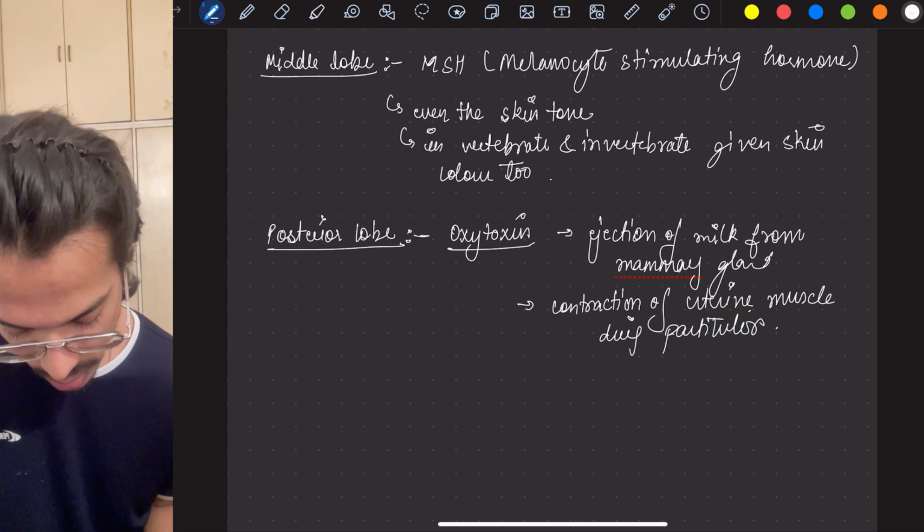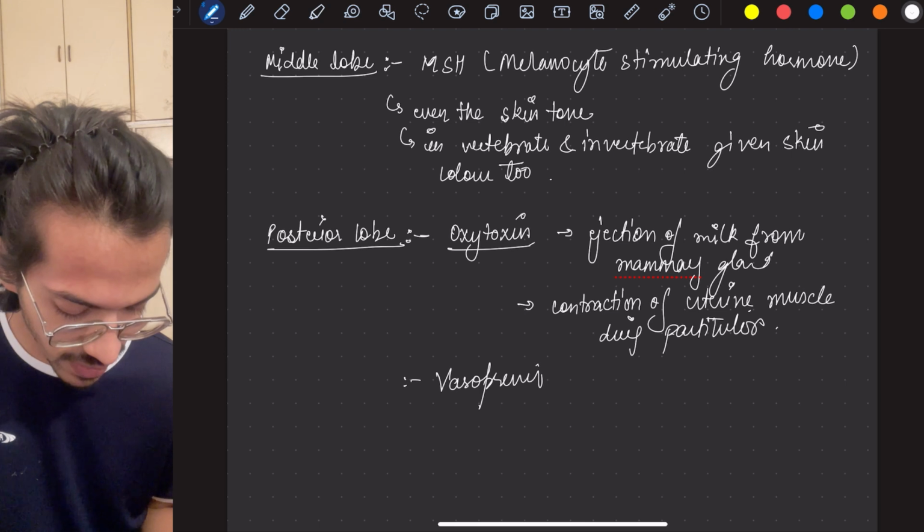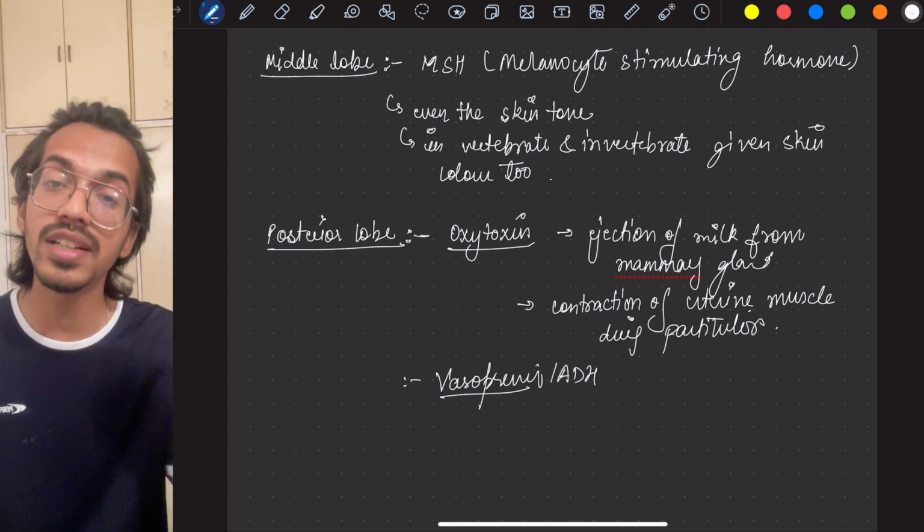Next we have vasopressin. Vasopressin is also called ADH, that is antidiuretic hormone.